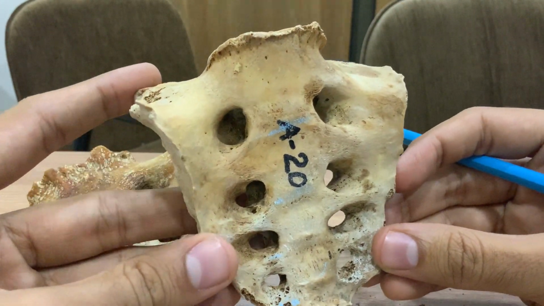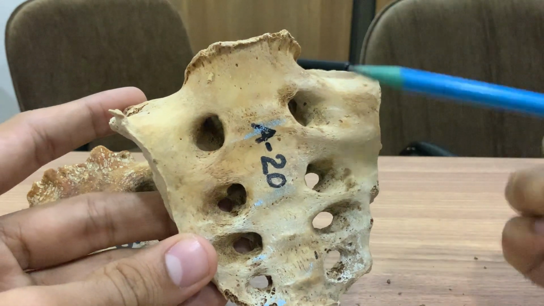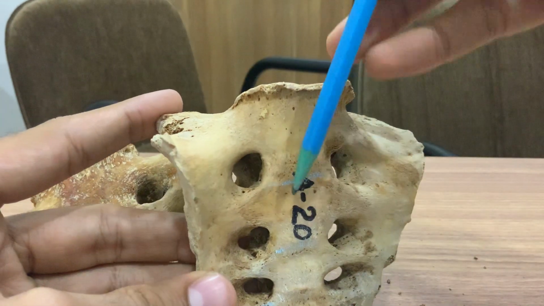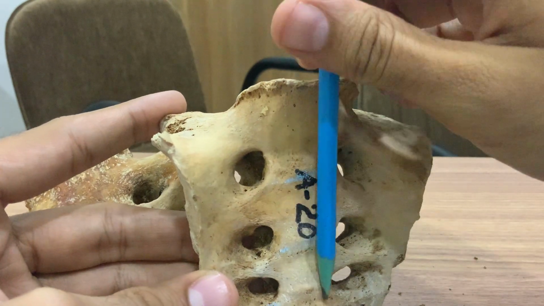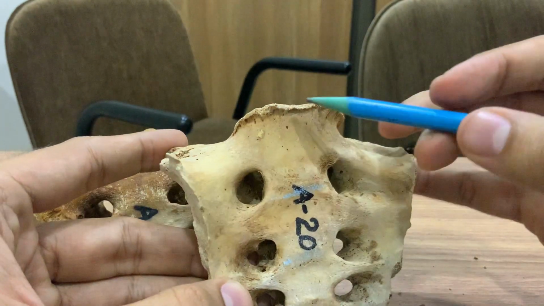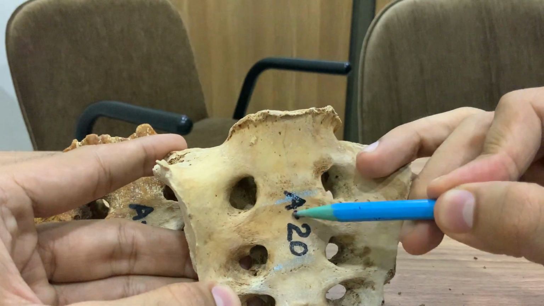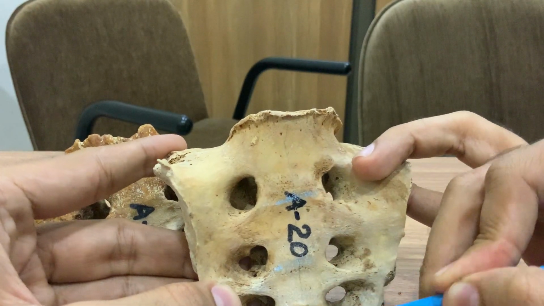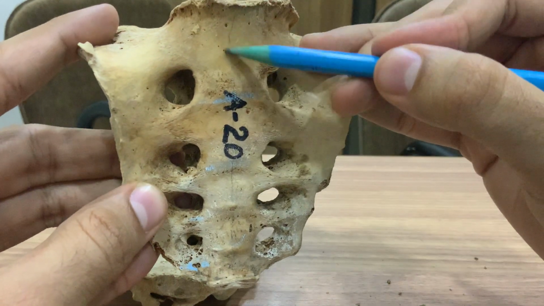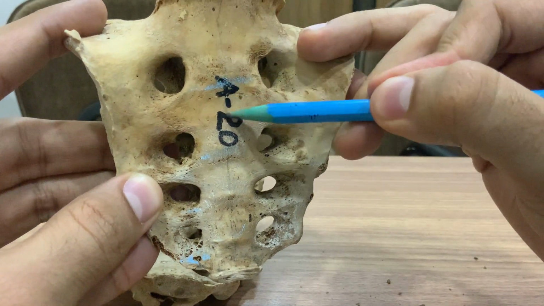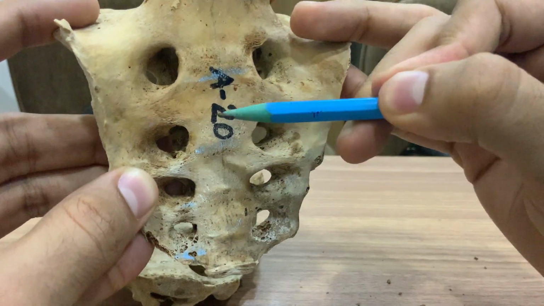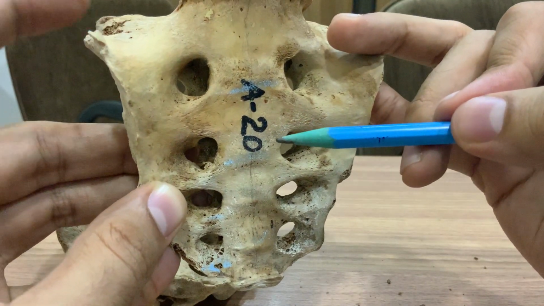Okay, now the attachments and the relations over here. The median part of the sacrum is related to the median sacral artery. So over here in the median part, you have your median sacral artery. The most important median relation in the pelvic surface is the median sacral artery.